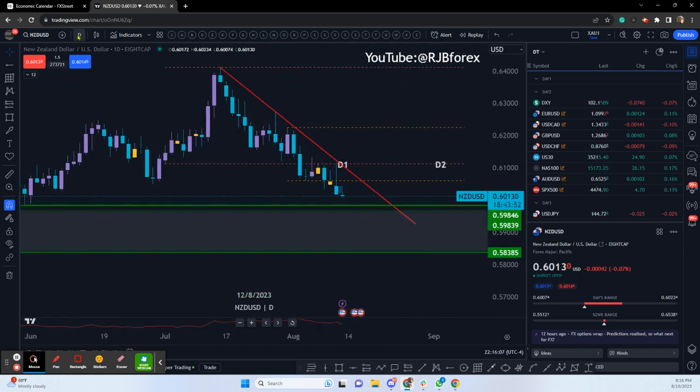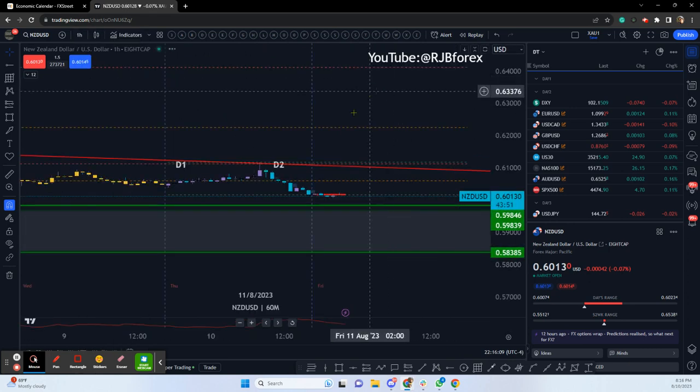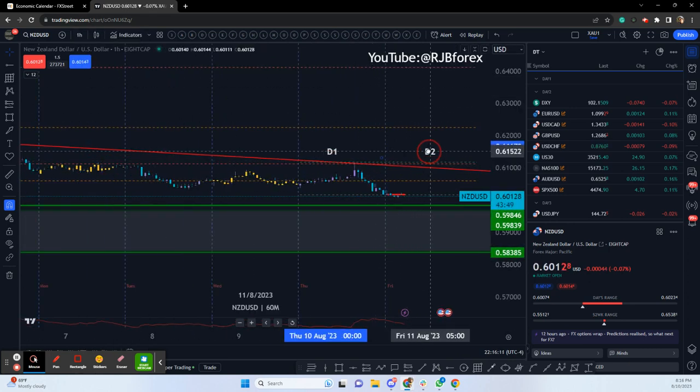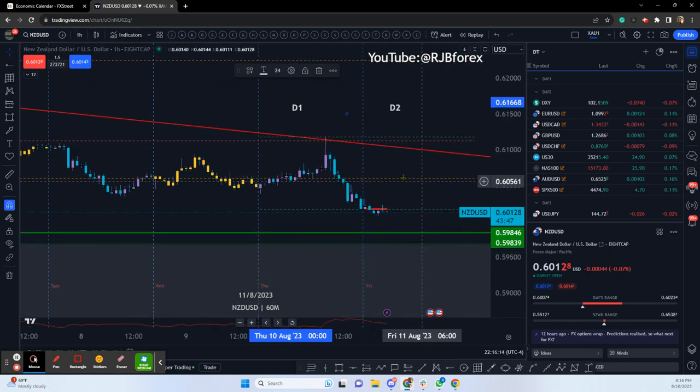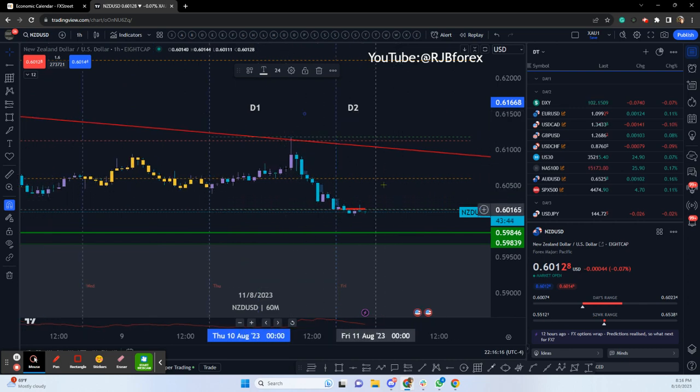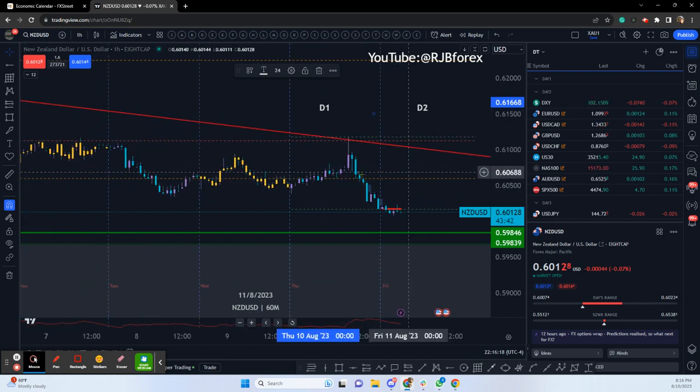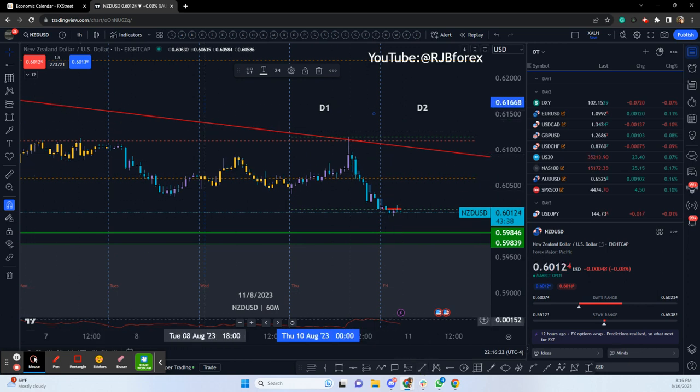And on day 2 of the 3-day cycle for a continuation, we may see a correction up into the shorts. Might be short-lived.